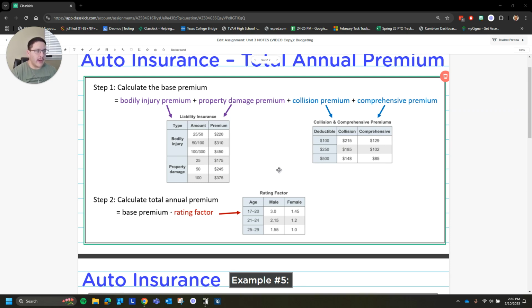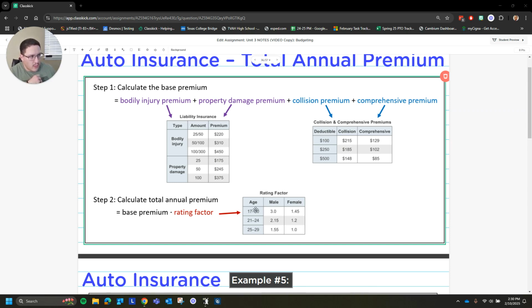Then we're going to further calculate the total by finding out what your rating factor is. Now, what a rating factor is, it's based on your age and whether you are male or female. Now, these rating factors are basically done off of a risk analysis.